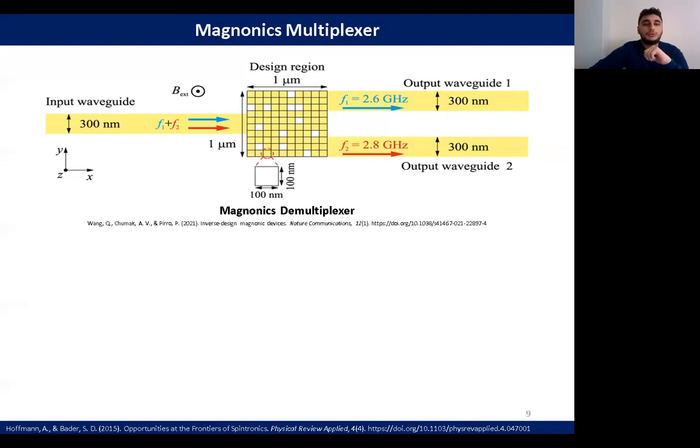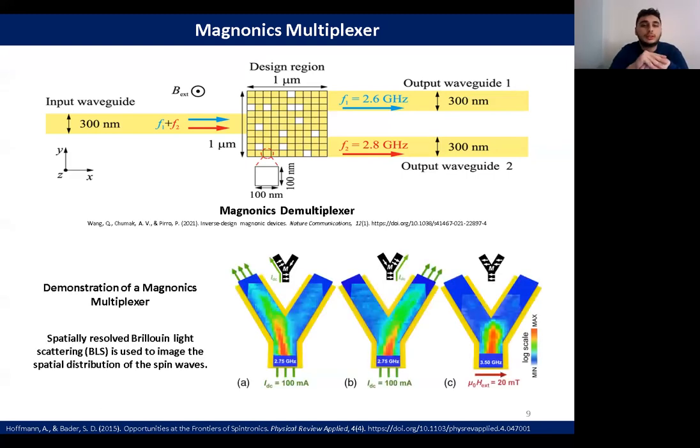Okay, now it will be much more useful to look at the Brillouin light scattering, which we call BLS, images for the behavior of these spin waves. Spin waves can be locally controlled by the application of magnetic fields. This is demonstrated by the spin wave multiplexer.